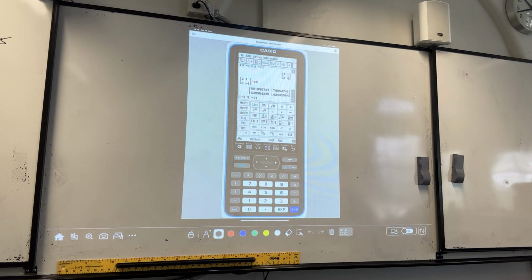Alright, doesn't matter, I will do D times C first. This is 1, 4, and 1. If you click execute, it gives you that number. So if you want to do it the other way, just drag it down and you've got it. You've got a 3 by 3 matrix. So pretty much this is how you use your class pad.